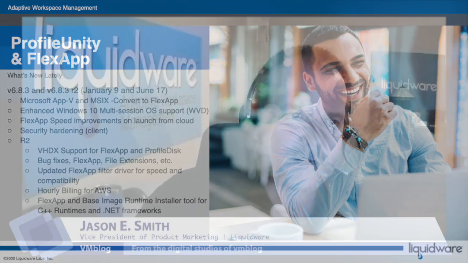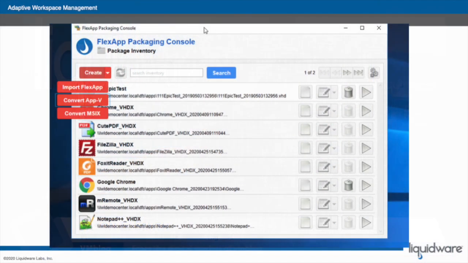I'll show a screenshot too here of the Flex App packaging console. I'm going to show a series of 3 areas here that shows you how easy it is to import a Flex App. If you're upgrading your Flex App management console, it gives you 3 options.